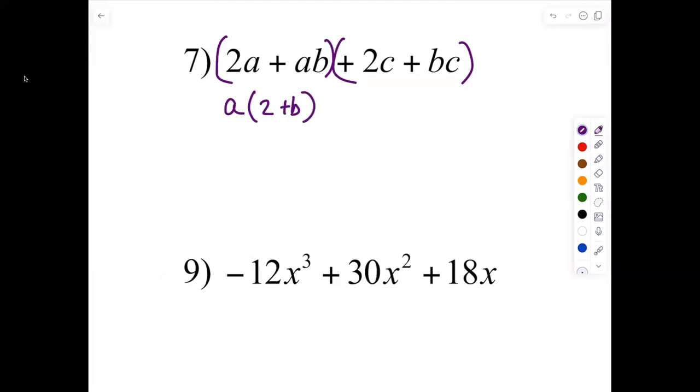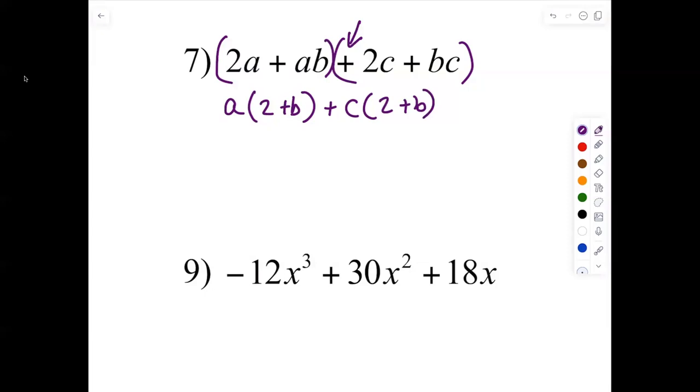Well, what's common? C. Now, you can't say C. You have to say either a positive C or a negative C. Positive C because of the sign right there. The first sign is what you're factoring out. So that's going to be a positive C. And what's left? 2 plus B. That's how easy it is.